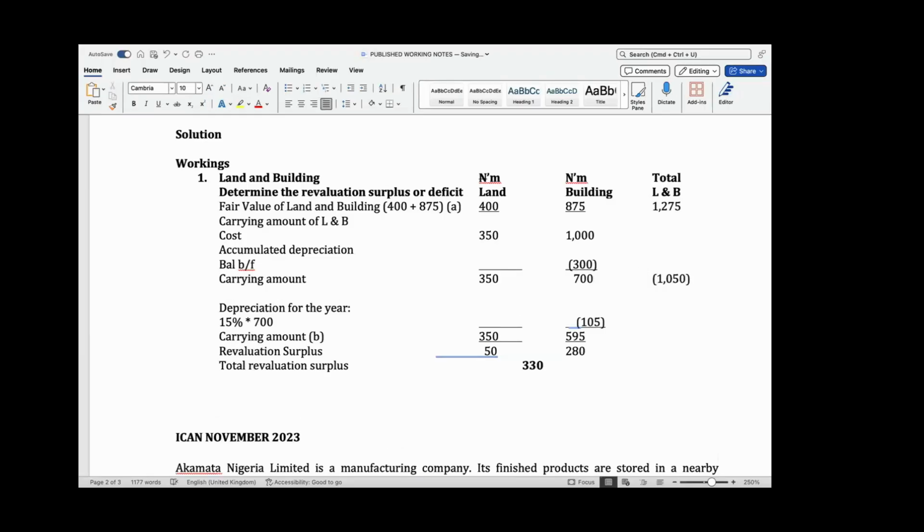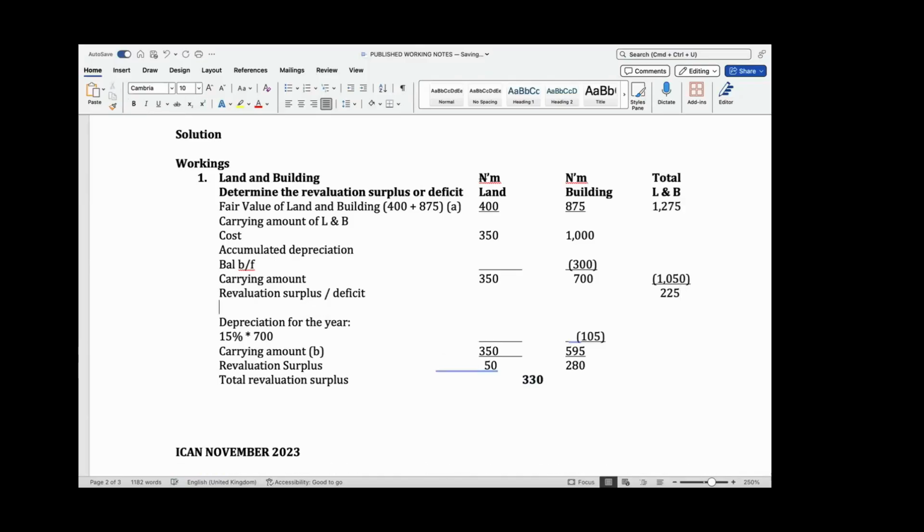When you get the difference, your revaluation surplus or deficit should be the difference. So what is 1275 minus 1050? That will give us 225, as against this 330 that we computed. So you have to be very careful in the exam. You see that it's different.